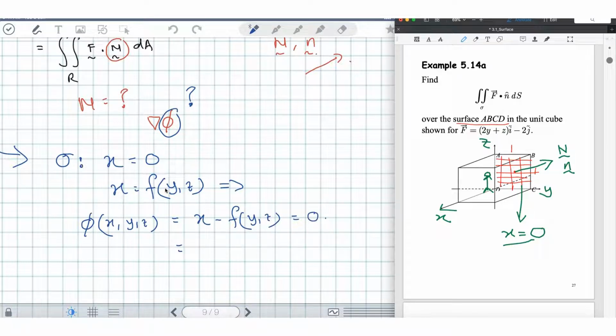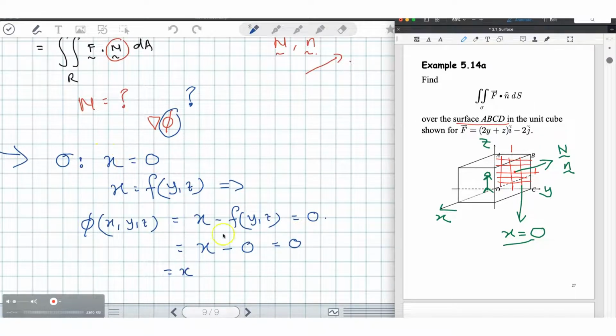In this case, x is equal to 0, so your f here is 0, so you have x minus 0 equal to 0. So then your phi is just x, because the equation itself is already 0 equal to 0, so we accept this to be phi.